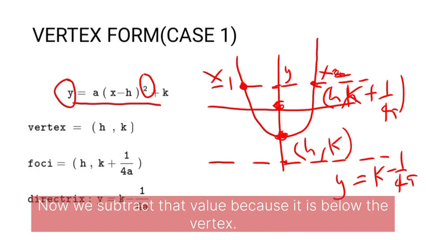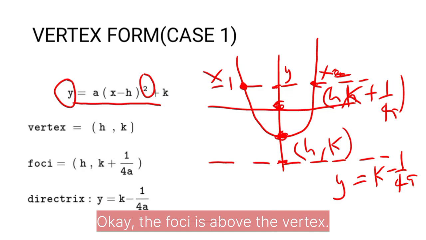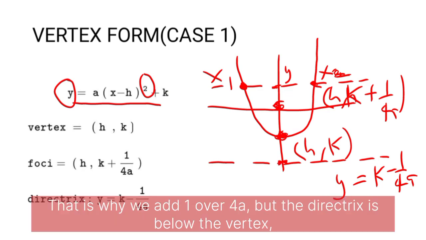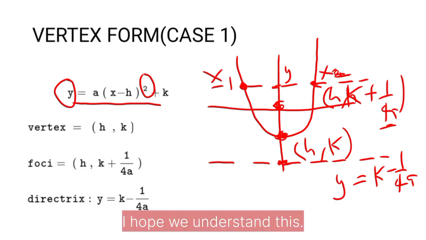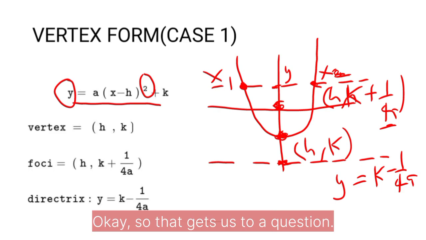Now we subtract that value because it is below the vertex, but the focus is above the vertex. That is why we add 1 over 4a for the focus, but the directrix is below the vertex, and that is why we subtract 1 over 4a from k. I hope we understand this. Okay, so that leads us to a question.